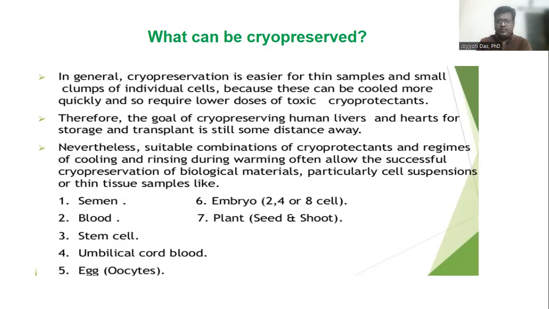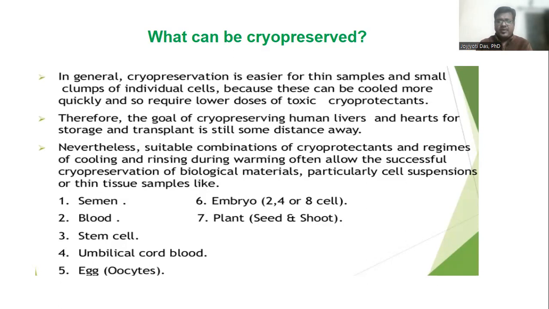The goal of cryopreserving human livers and hearts for storage and transplant is still some distance away because they are thicker tissues, and there are issues while freezing these kinds of thick tissues. The cryoprotectant cannot enter properly into the tissue, and the entire process fails.